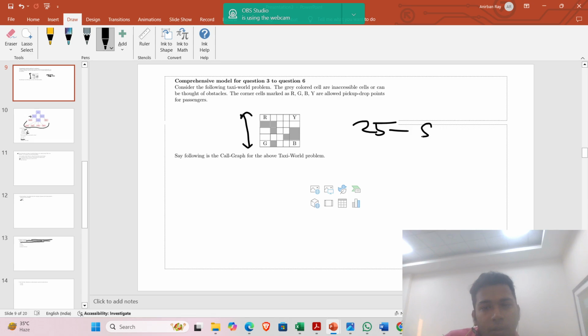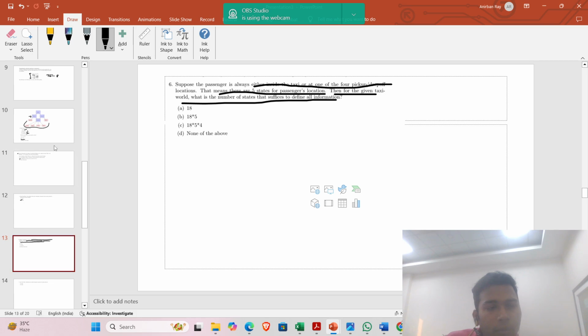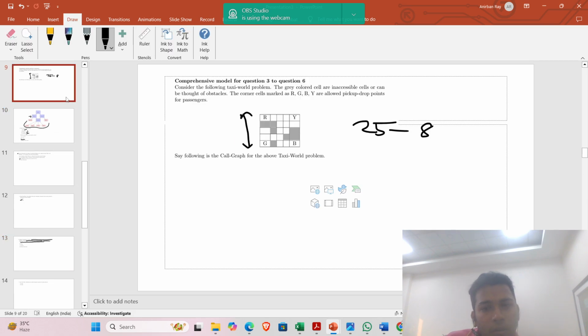1, 2, 3, 4, 5, 6, 7. So these are the 7. So the total 18 boxes are available for the taxi.